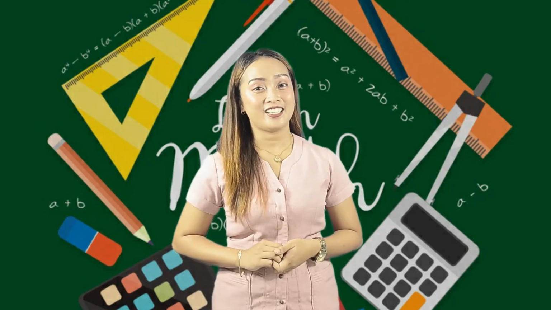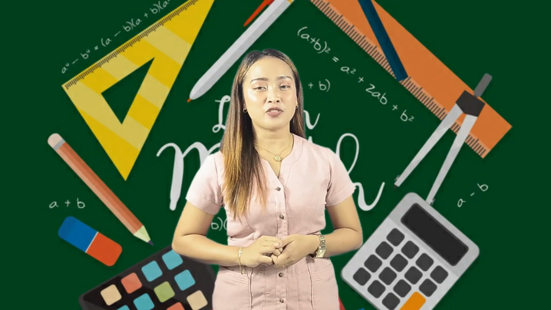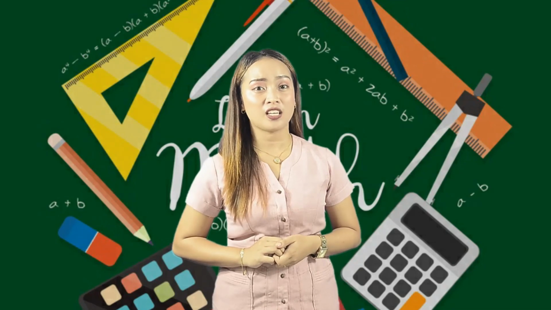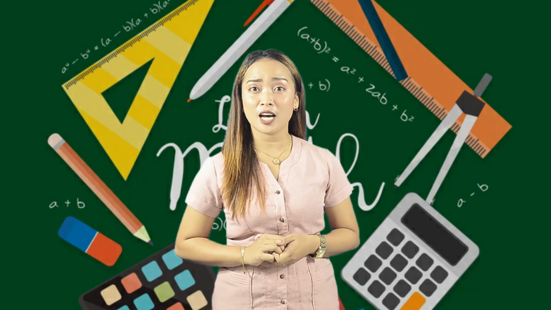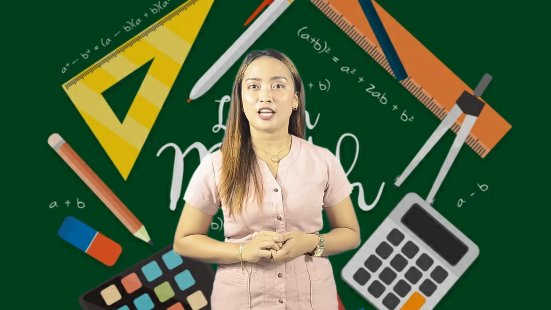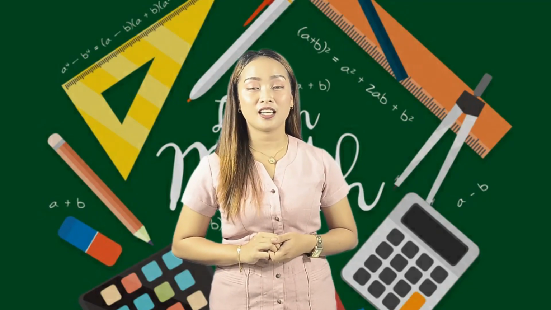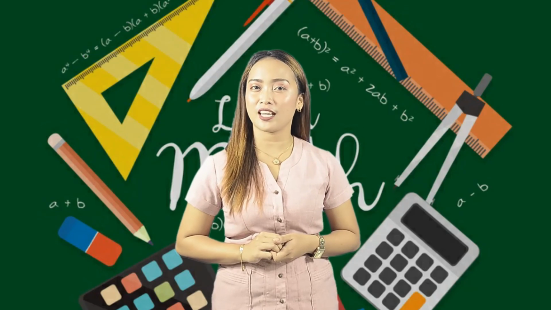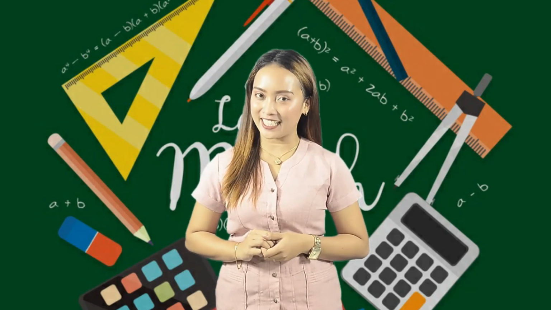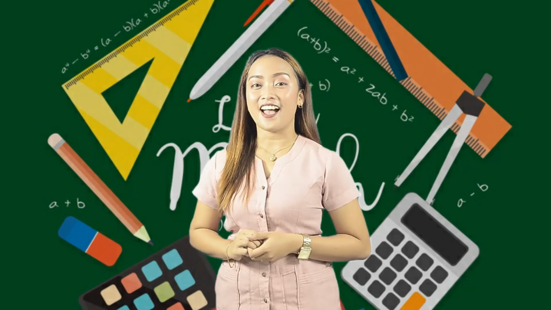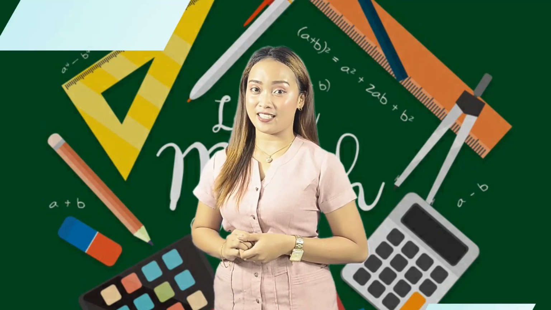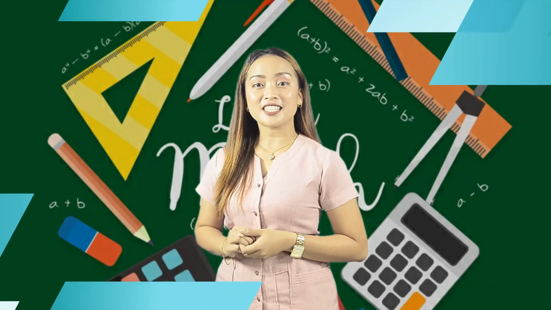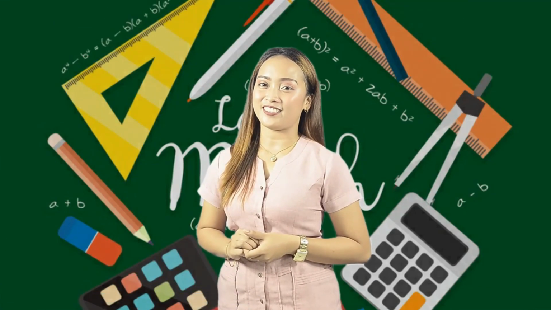Now class, if the resulting expression using GCMF is not a PST, then do not proceed in factoring using PST technique. Again, there's another technique for that case. That's the end of today's lesson.